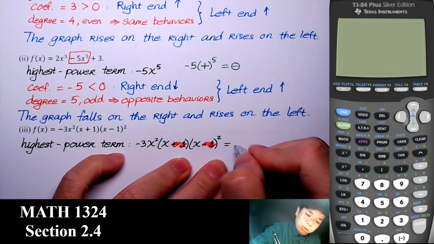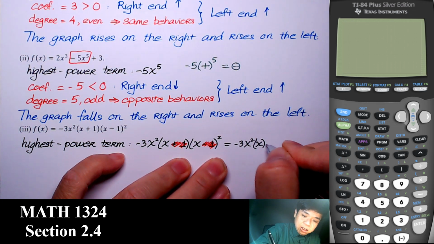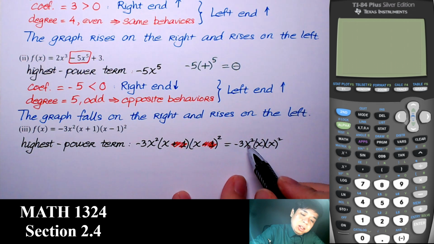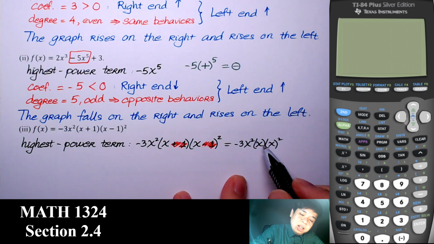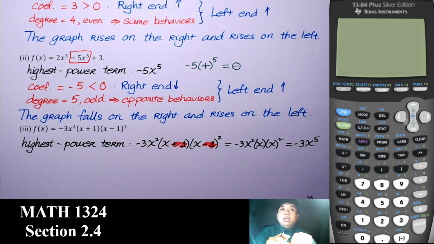So we have negative 3 x squared, and then an x, and then an x squared again. Alright. So in this way, we have 2 x's here, 1 will be 3, 2 more will be 5. So this is negative 3 x to the 5th. Right, so that is the highest power term.